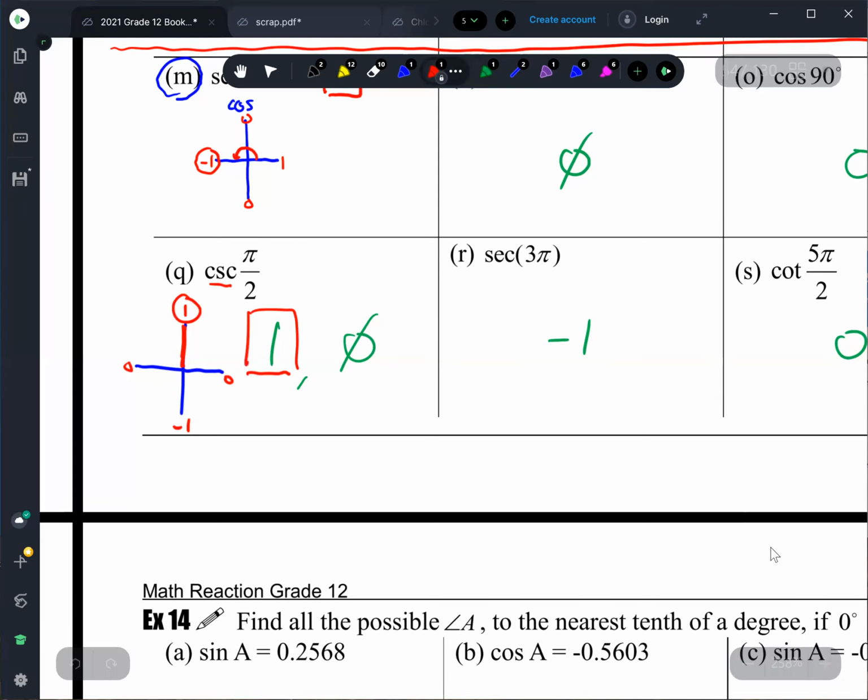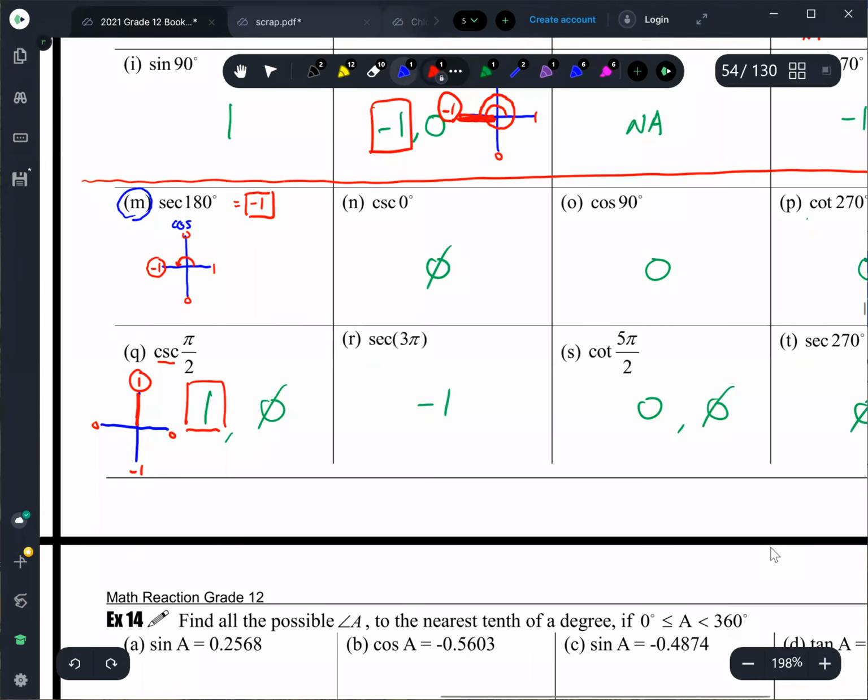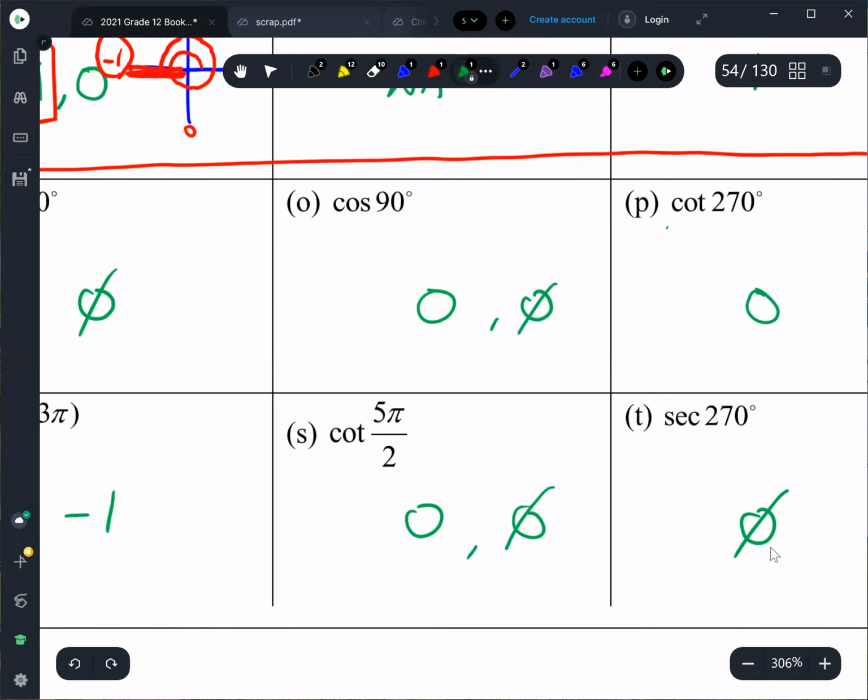Any questions so far? I got undefined for O. For O. Okay, for O. Yeah, let's write that down. Okay, we'll go over that as well. Question O is a cosine, right? Cosine is no reciprocal, it's the original one. Okay, so it's like the ones we did above, right? So we are doing cosine. Cosine, you just look at the letter, right?